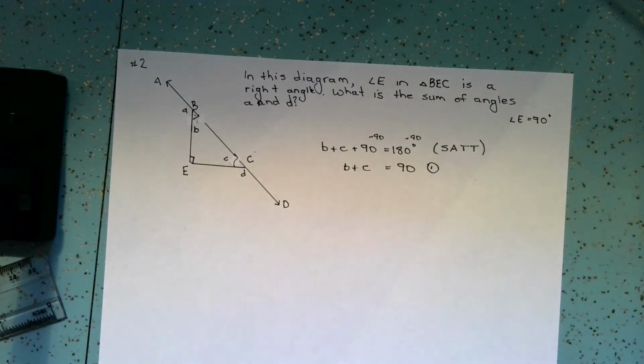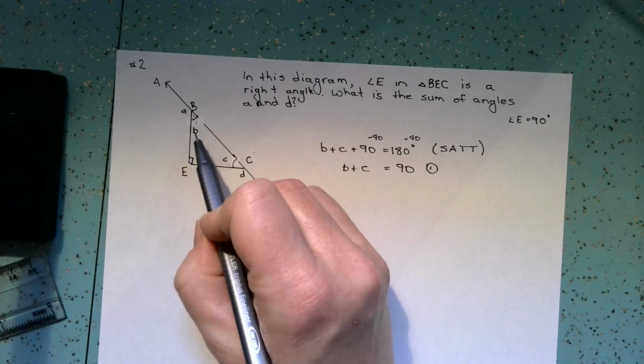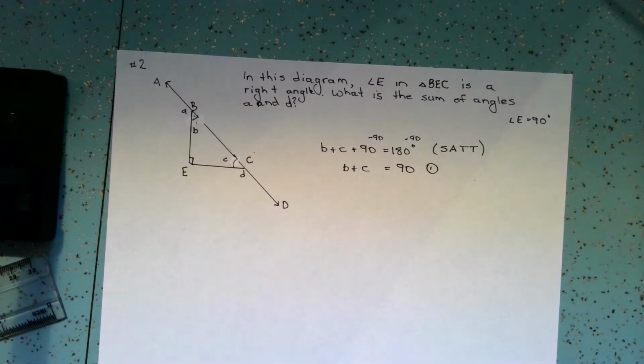Okay, so now if we can figure out what B is and we can figure out what C is, or if we can figure out what B plus C is, then we can actually solve for this. So we can take a look at B and C and see if we can write them in other ways. Well, actually, what we do know is that A and B, the sum of those two angles, is going to be 180 degrees.